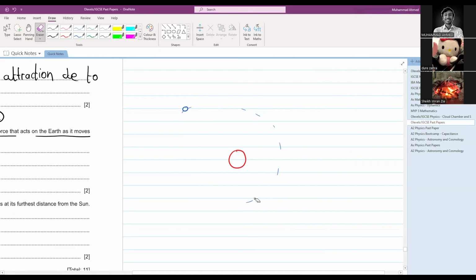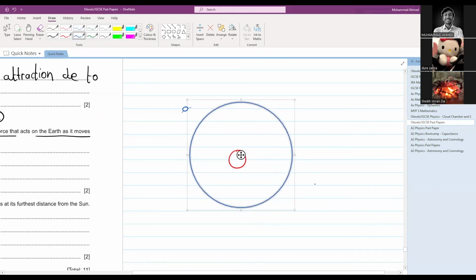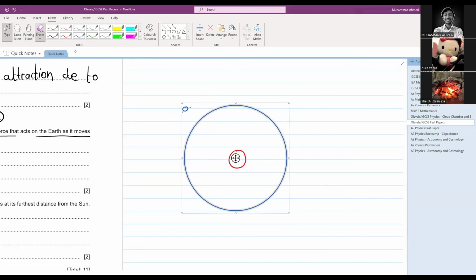Sorry, my bad. Let's draw a circular orbit. We have studied that earth rotates around the sun in a circular orbit. That means the same amount of force will be acting everywhere on earth, since it is a circular orbit.